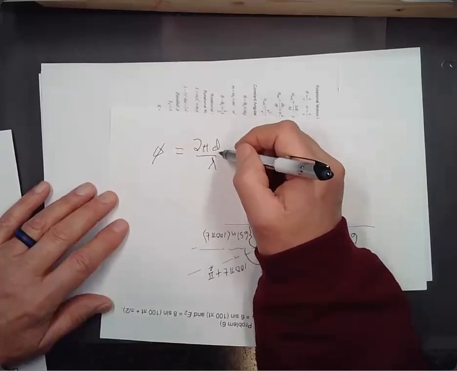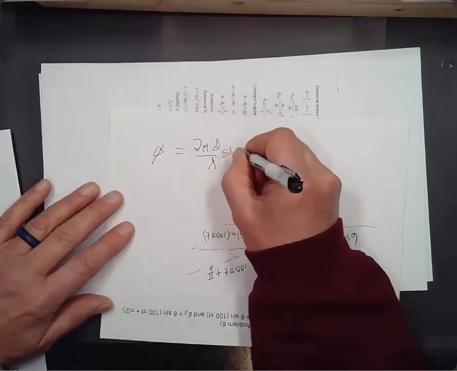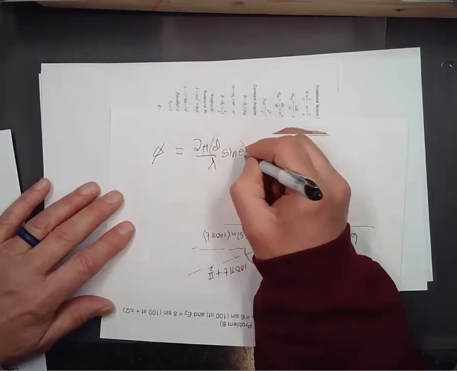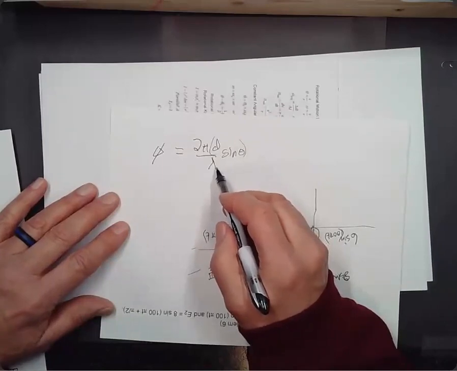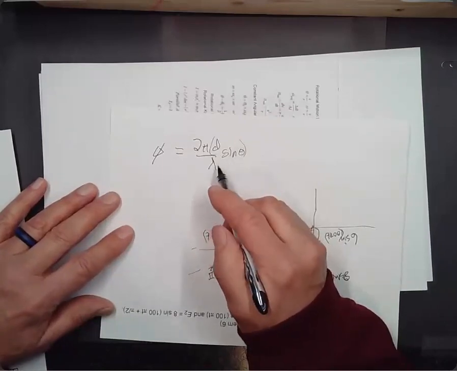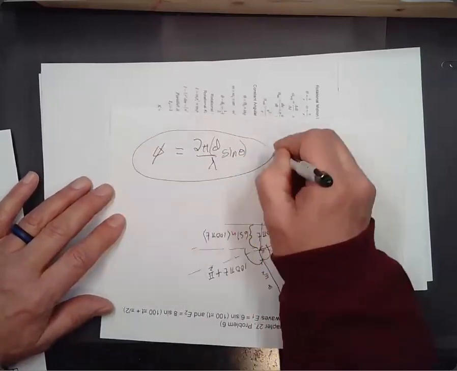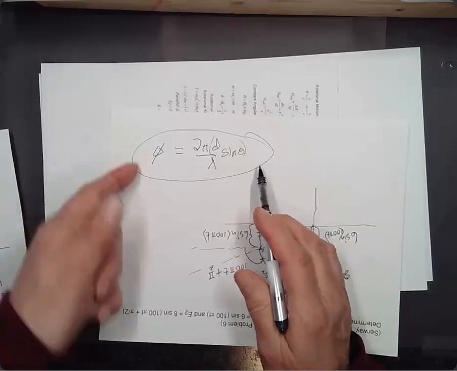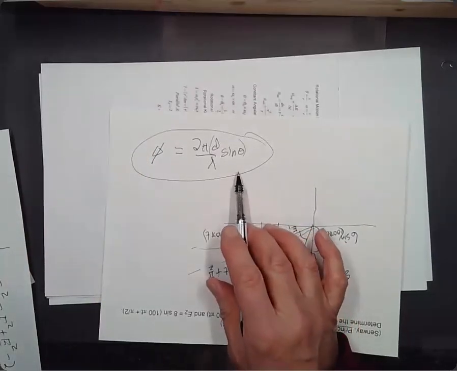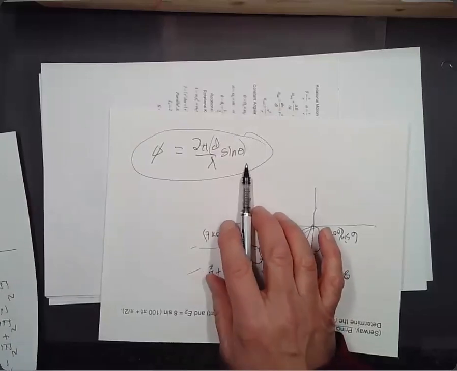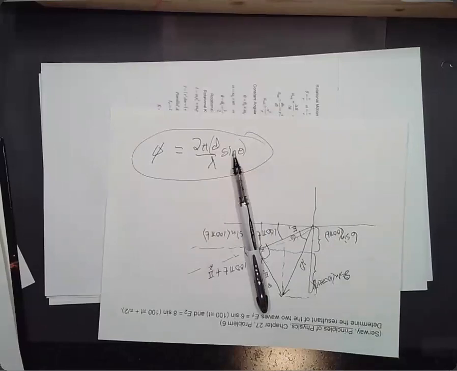If I group this, d sine theta is the path length difference. Divide that by lambda, and you get the number of wavelengths that fit in that path length difference. Multiply it by 2 pi, and you get the phase difference. And that's maybe the most important formula in this chapter, and getting the hang of where that comes from. So anyway, that's enough for today.